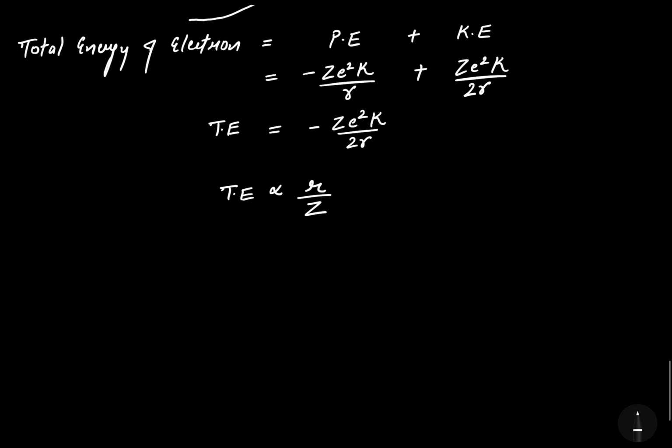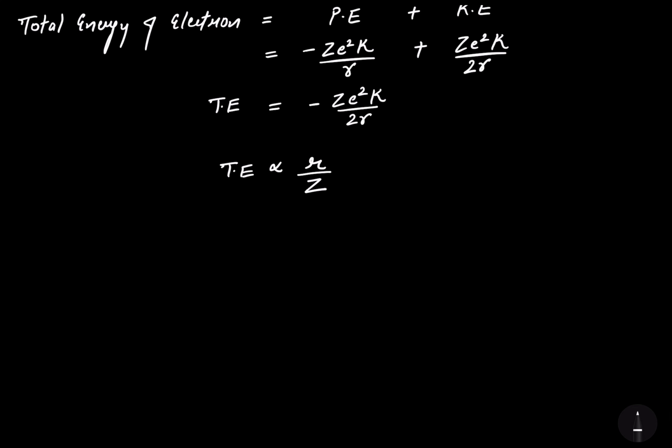So now let's calculate the ratio of potential energy divided by kinetic energy. What is my potential energy? It's minus z e square k divided by small r. What's my kinetic energy?